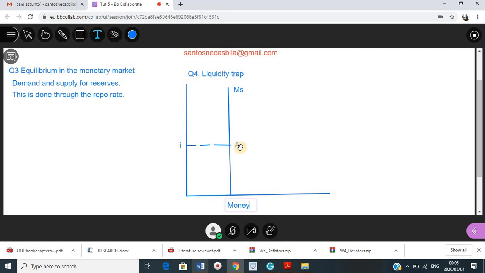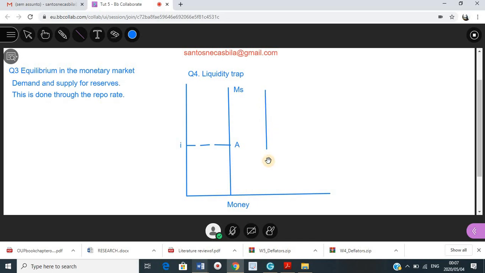and we are looking for a way out to get rid of it. All right, the central bank decides to increase money supply. If it increases money supply, this curve shifts to the right.